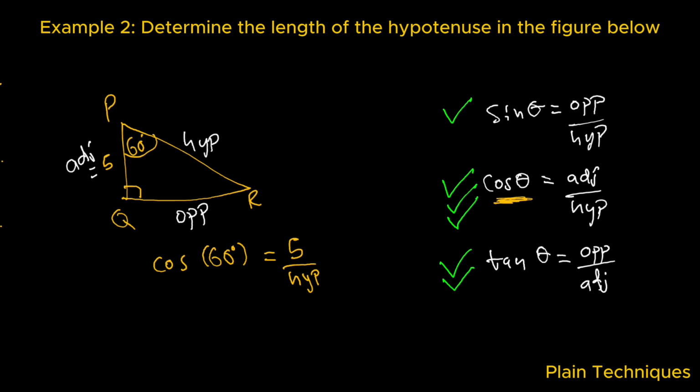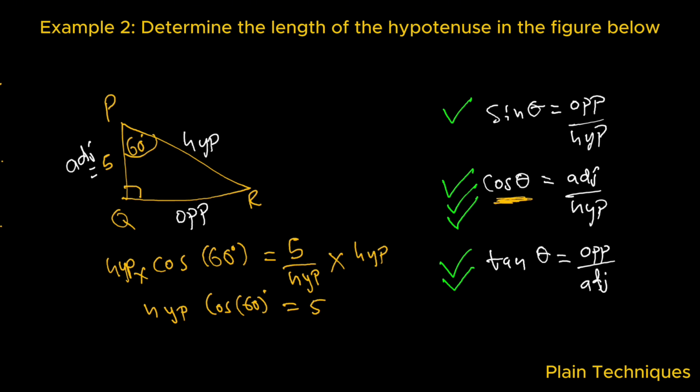All right. So if I multiply by hypotenuse both sides, what I will have is hypotenuse times cos 60 on this side, and on this side I will have 5. What am I going to do here?